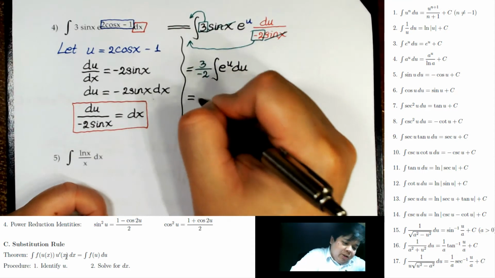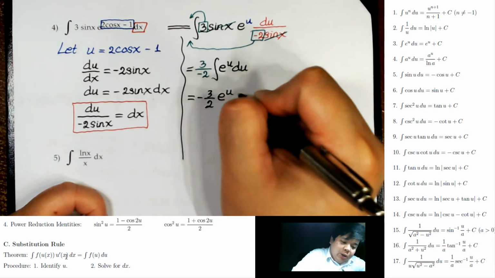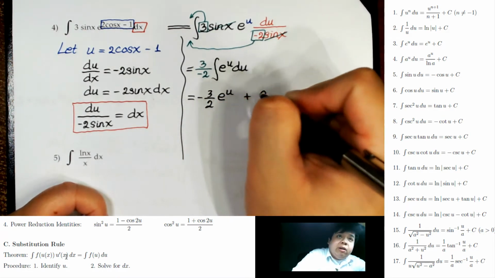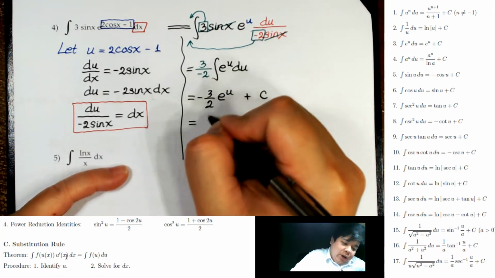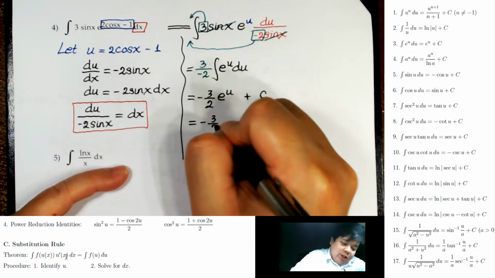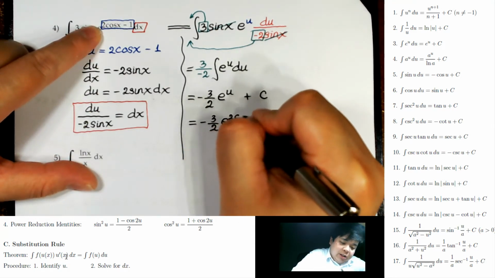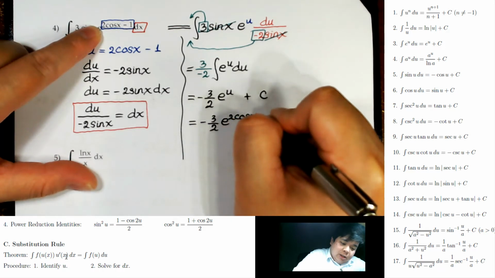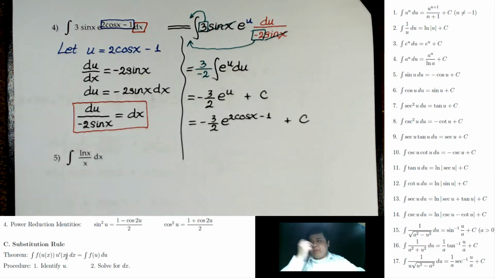Pretty simple. e to the u is still e to the u plus c. So we have negative 3 over 2 e to the 2 cosine x minus 1 plus c.